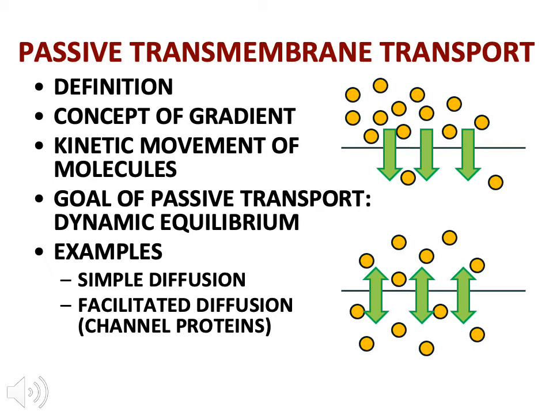Compare the illustration at top right with the illustration at bottom right, and you will see that we now have an equal distribution of molecules and equal concentration above the membrane and below the membrane, and yet the arrows still indicate some degree of movement.